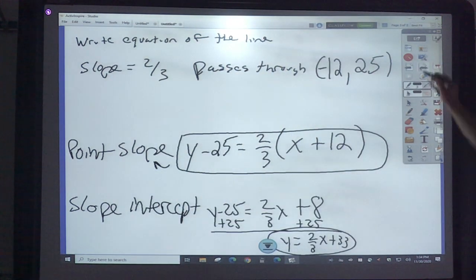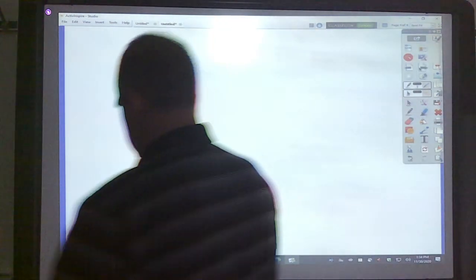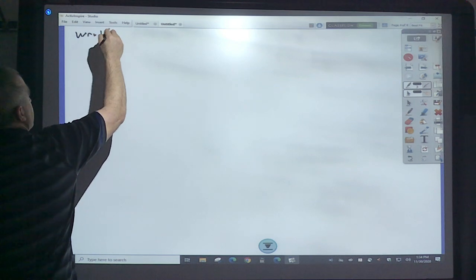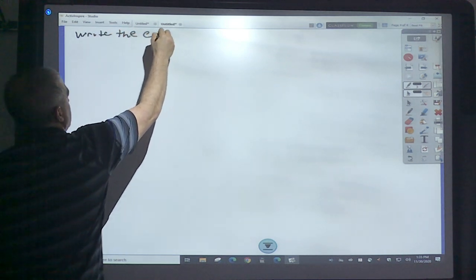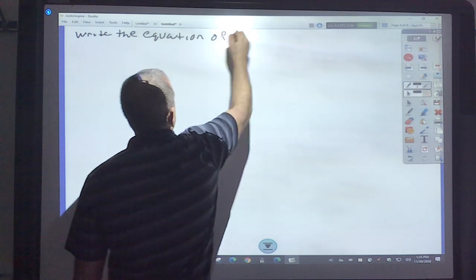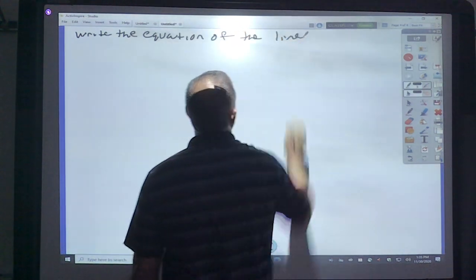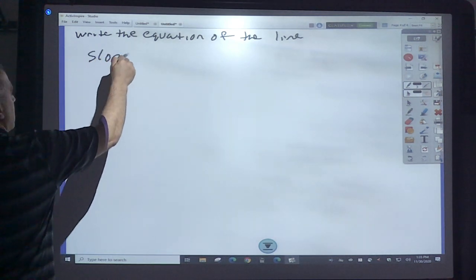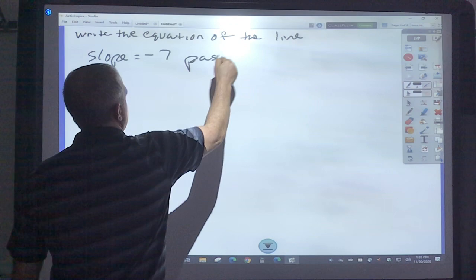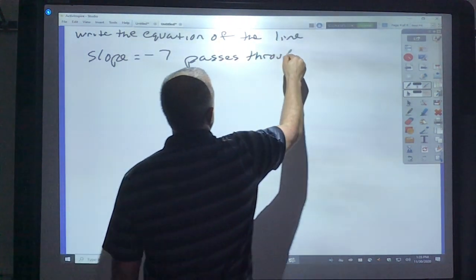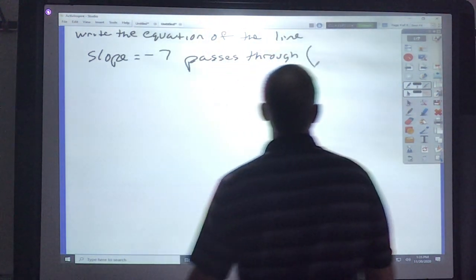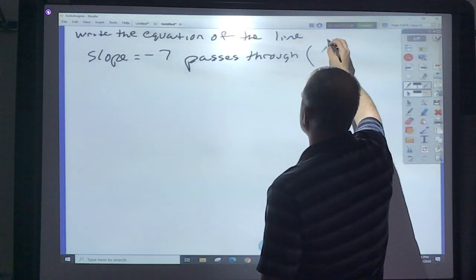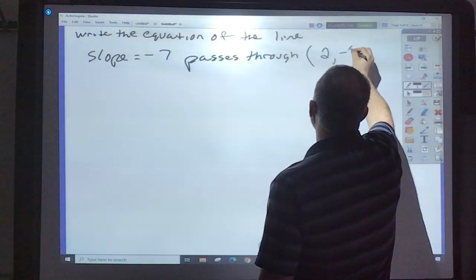So what I'd like you guys to do is these two questions. Write the equation of the line that has a slope of -7, passes through (2, -11).